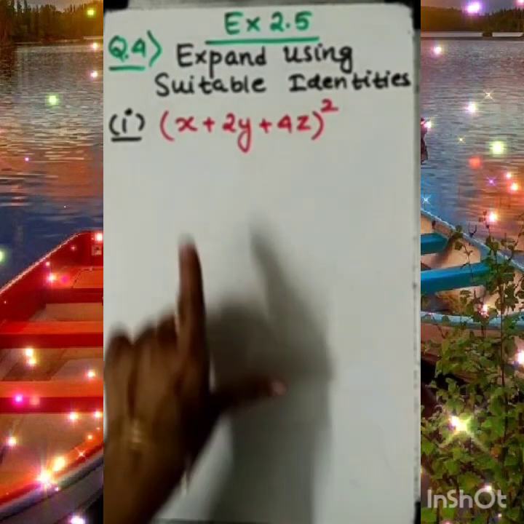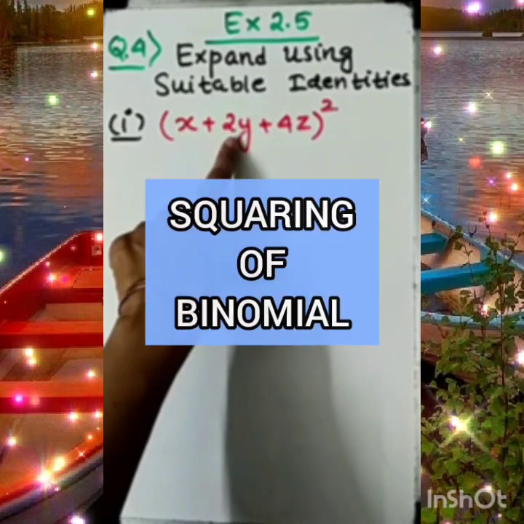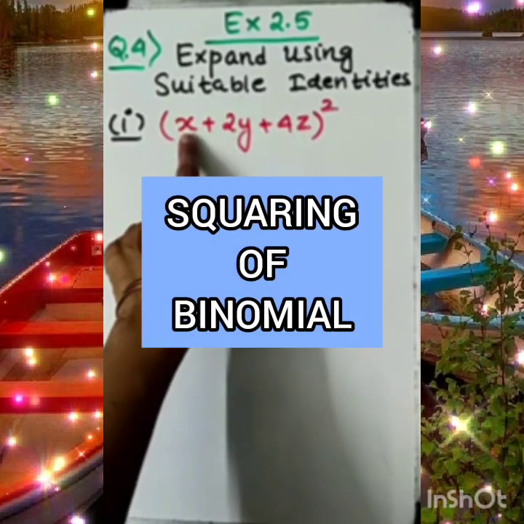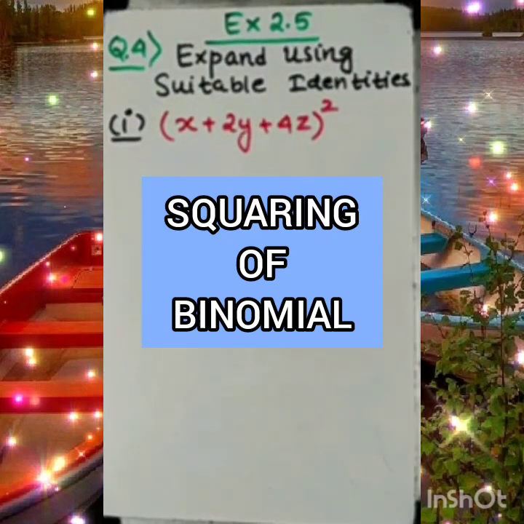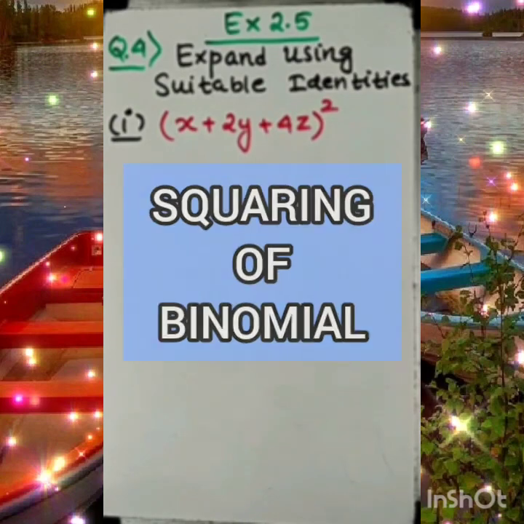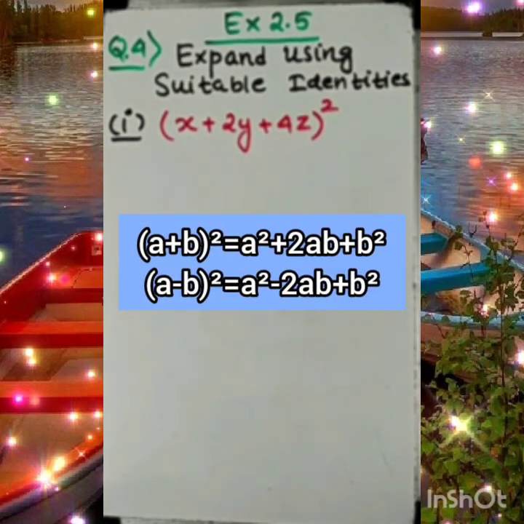Now, as we have already studied, when we are given a binomial, meaning only two terms, and we need to have the square of it, meaning squaring of a binomial, then which identity do we apply? At that time we used to apply the first and second identities, that is (a + b) whole square and (a - b) whole square.